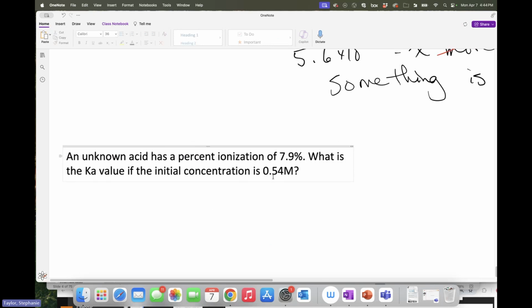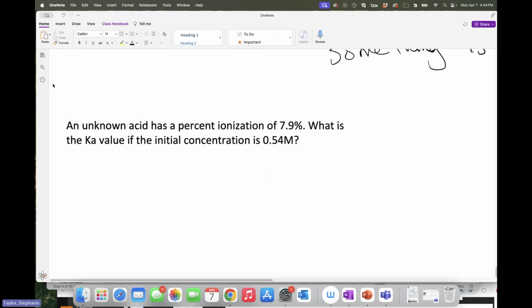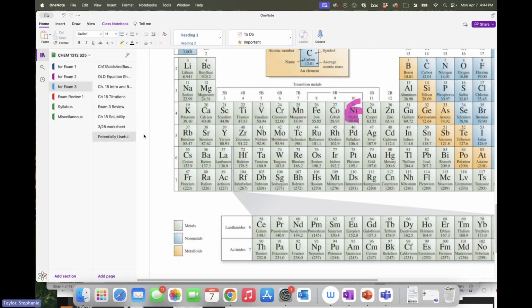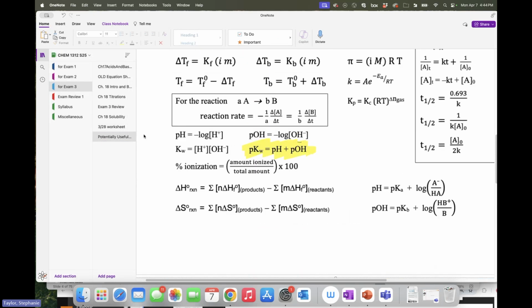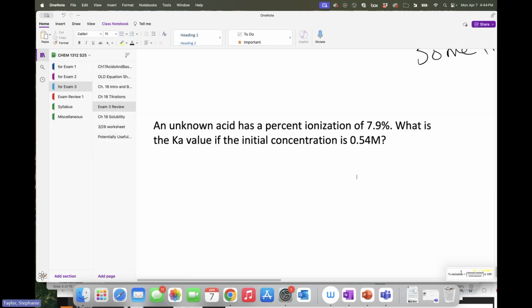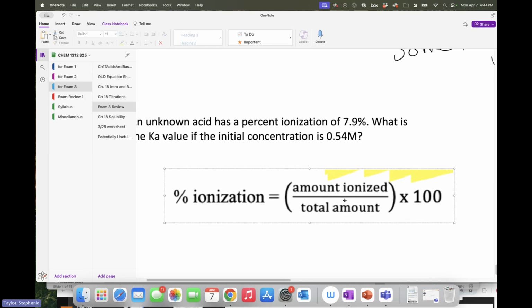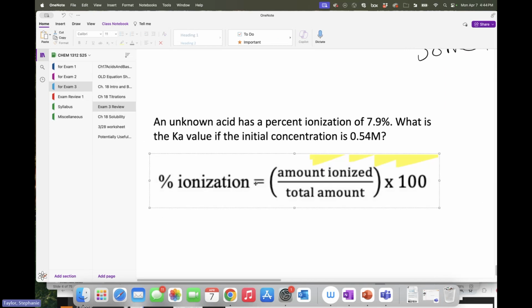So first of all, what's percent ionization? I'm going to go ahead and grab the potentially useful information page, because there is a percent ionization formula on here. Sorry for that very loud sound. That was my screenshot sound, because I don't really want to copy the entire potentially useful information.